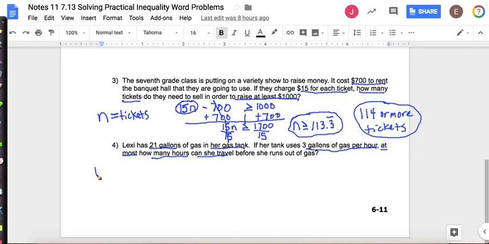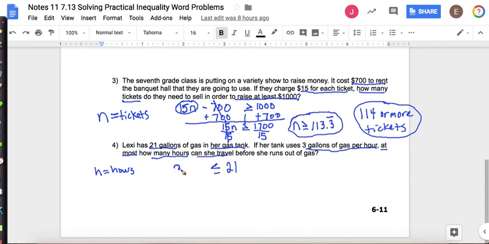So we want to know how many hours. So H equals hours. And we want to go at most, so we want to go less than or equal to 21, because that's how many gallons Lexi has in her tank. Now, she uses 3 gallons per hour.